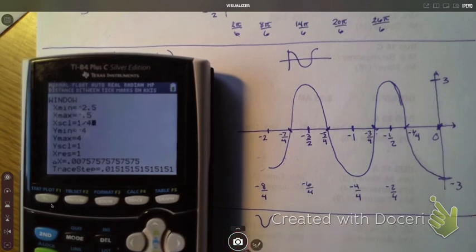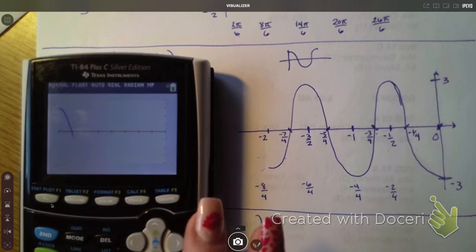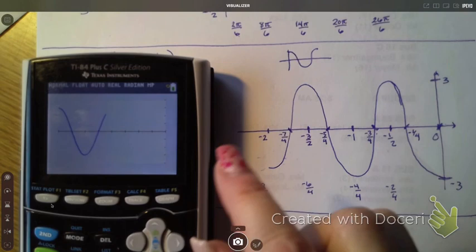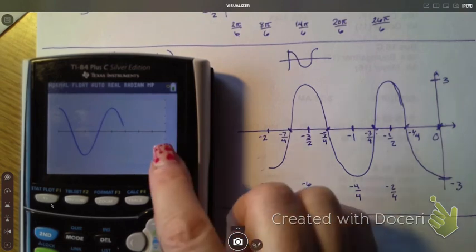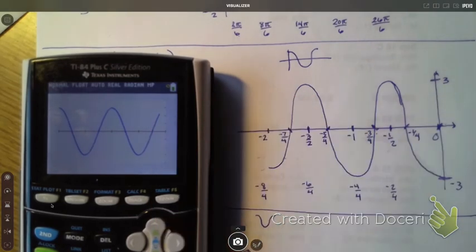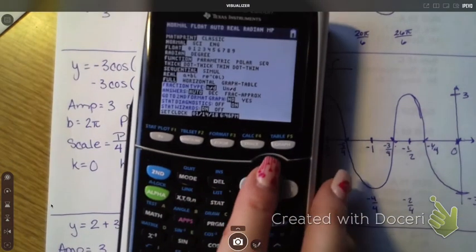If you change your mode to radians before you graph, you can hit your window and then graph, and you will get the window we had. Now I got a pretty picture when I put it to radians. How do you change it from degrees to radians? Mode, and then it should be radians and degrees.